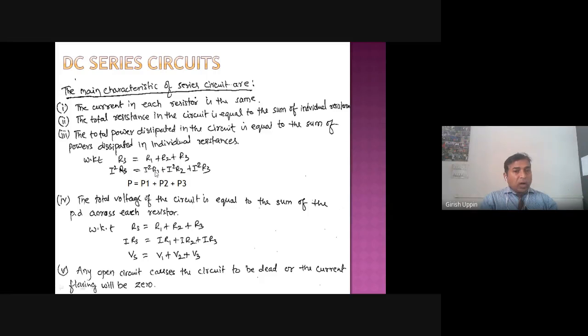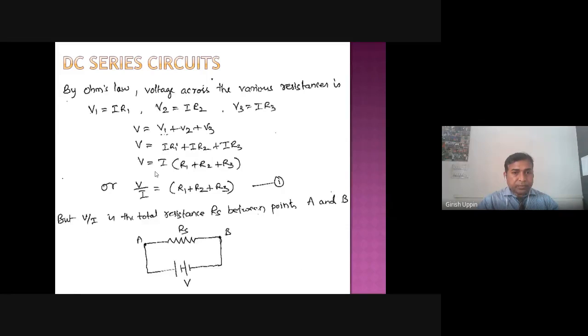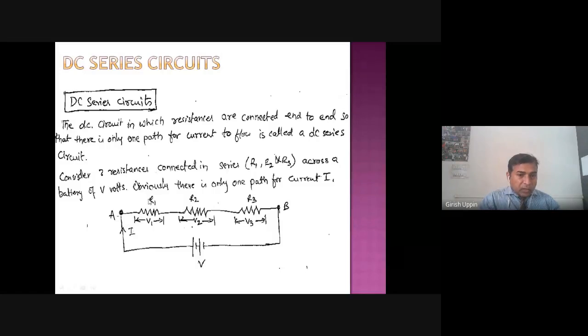I square into R1 is the power consumed in the resistor R1. So if I show you the circuit, I square into R1 is the power consumed in resistor R1. The same current, I square into R2, is the power consumed in resistor R2.